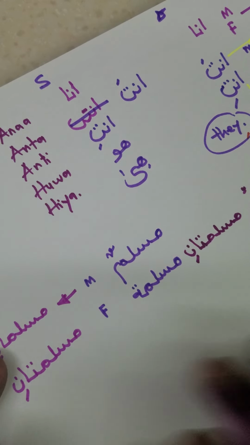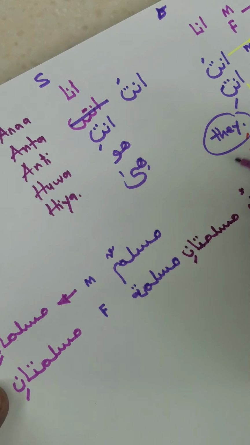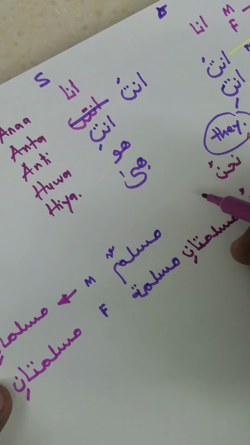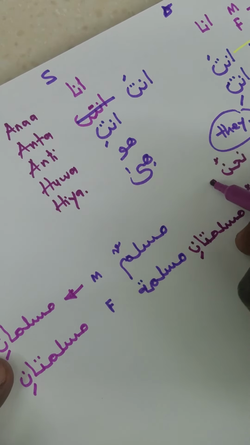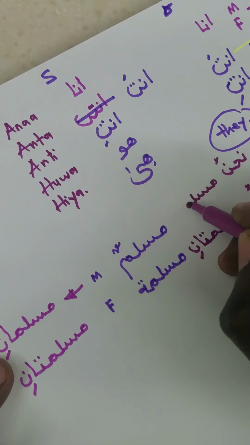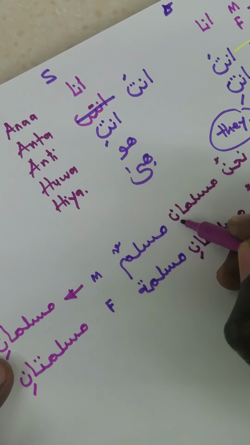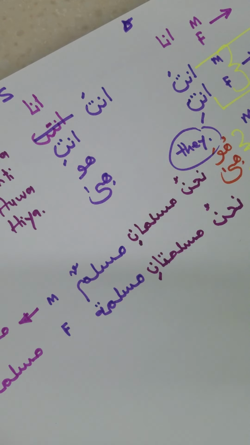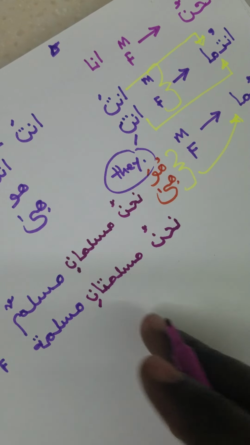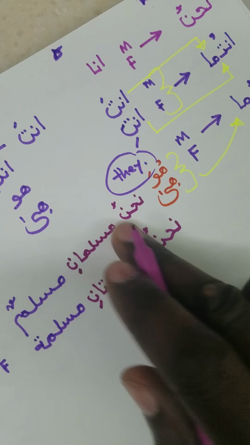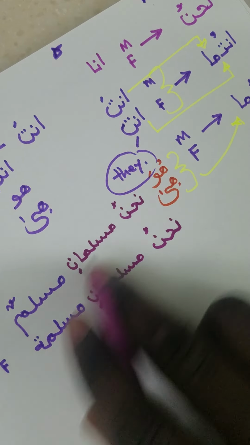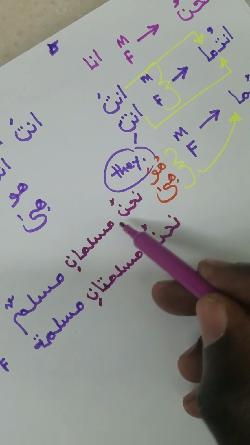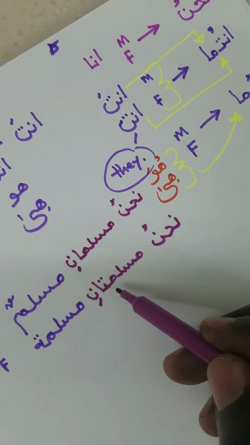And for two male Muslims, we are two male Muslims, you'll put Nahnu Muslimani. So you can see female, male, Nahnu. When you look at the sentence, you can even see this is two, and this is two.